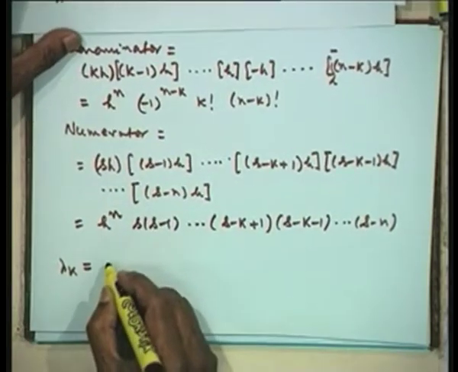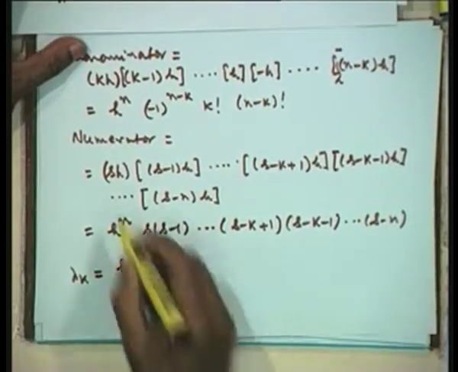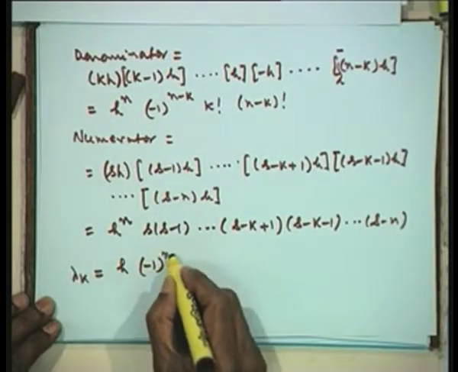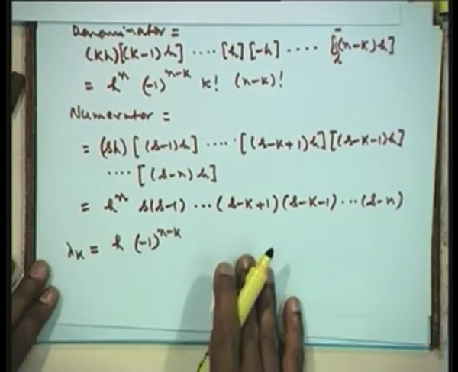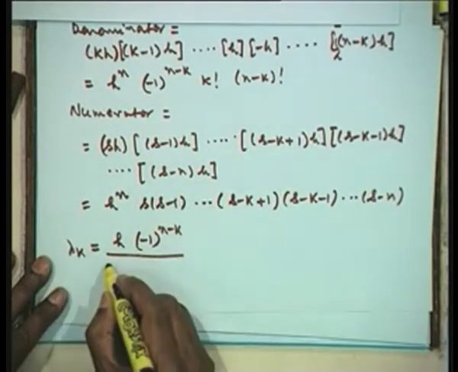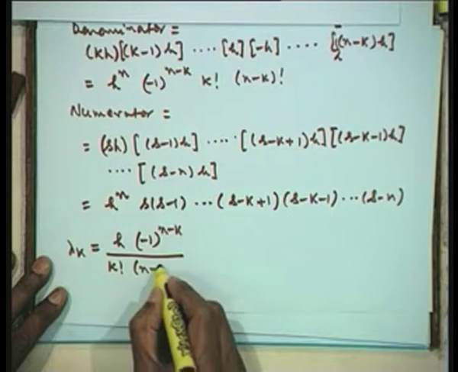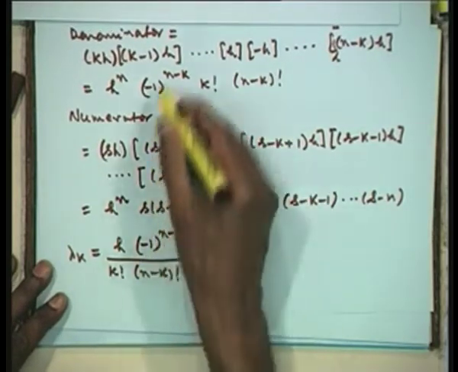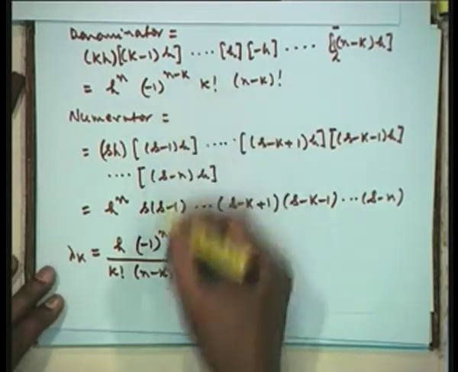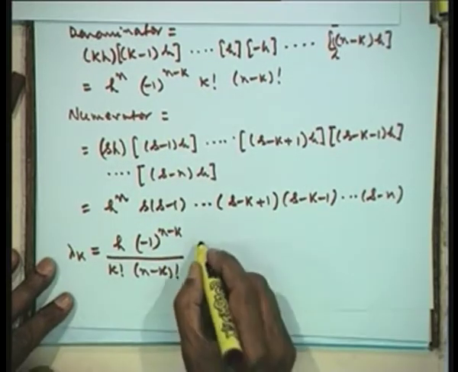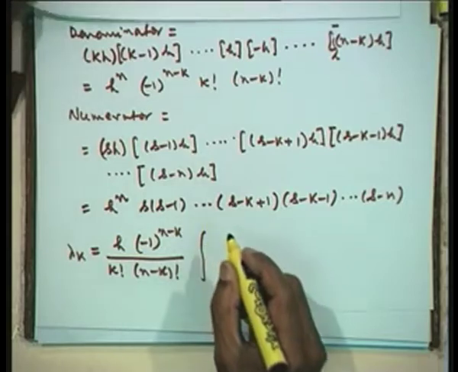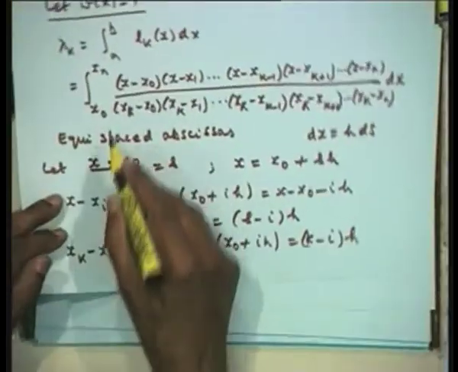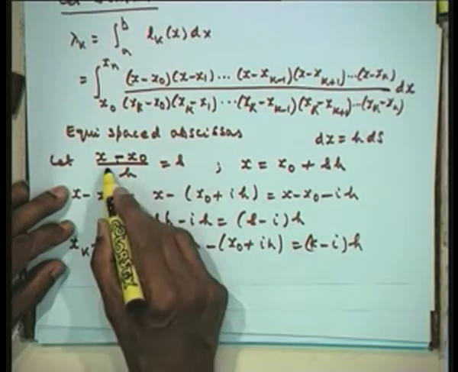Therefore, I will have h outside here, these h to the power of n cancelled, and minus 1 to the power of n minus k I will retain as it is. Denominator is factorial k, n minus k factorial. So, this is the term in the denominator. This is a negative sign, whether you write it in the numerator or denominator it is the same. So, I have written this term, and the lower limit of the integral is x naught. When I substitute x naught here, s will be 0.